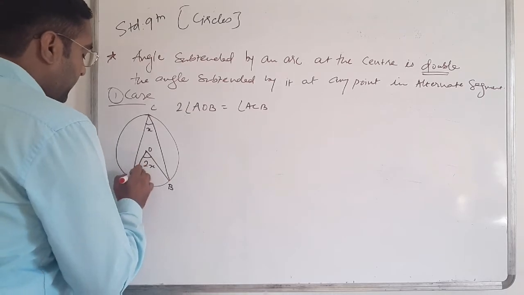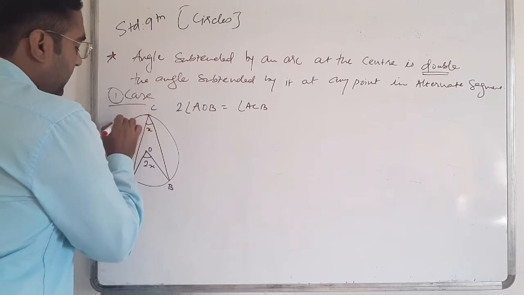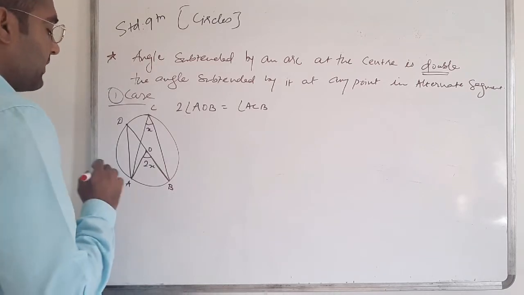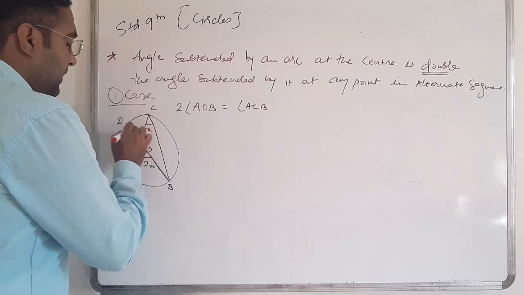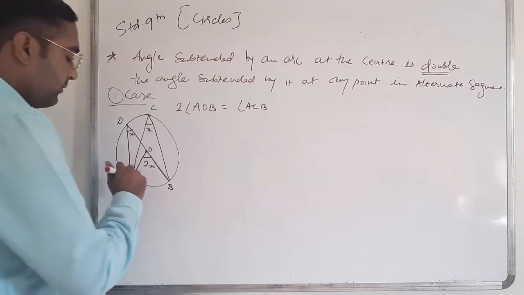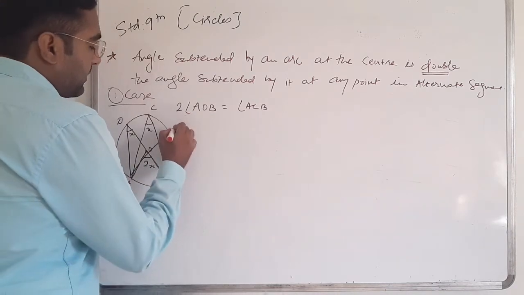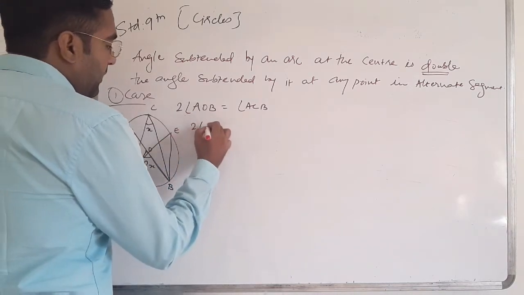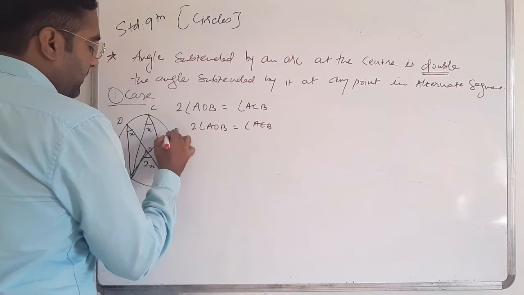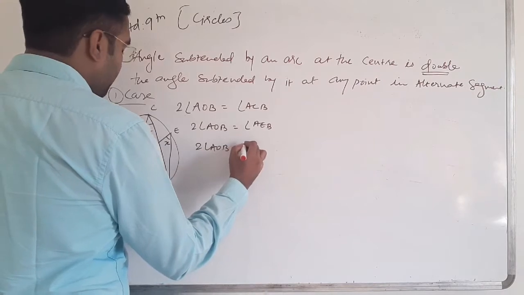If I take point D here, in the same way this angle and this angle are double of each other. If you want to draw a point here, that is E, you also have to write that angle AOB is 2 times angle AEB, and angle AOB is also 2 times angle ADB.